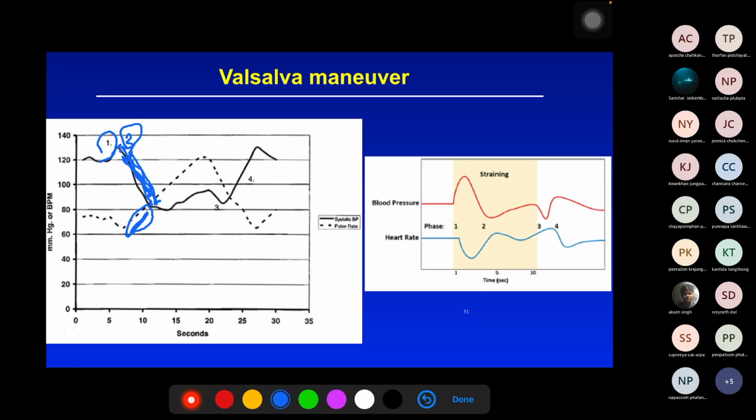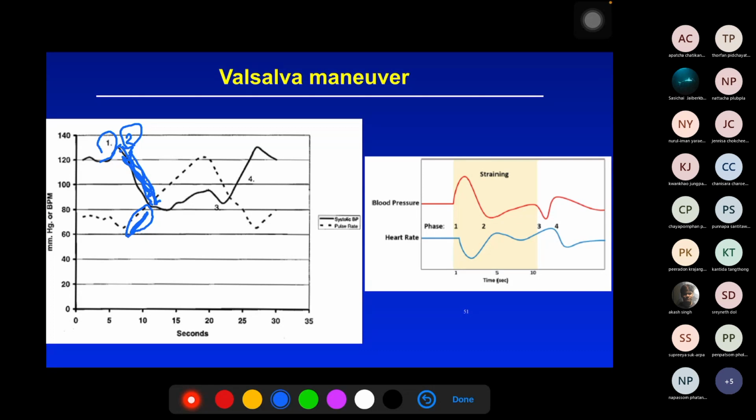So when the blood pressure is decreased, the blood volume going to the lung and to the left side of the heart is also decreased. This is very useful and helps us to differentiate between grade 2 and normal, and between grade 4 and grade 3, because we apply this physiology.